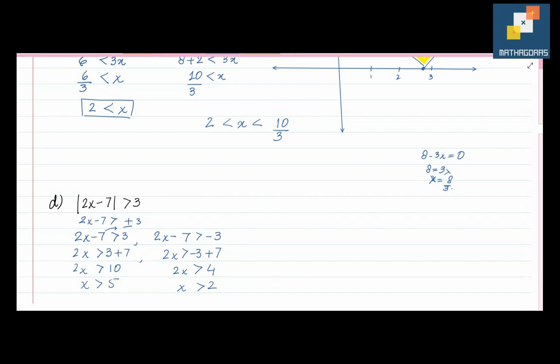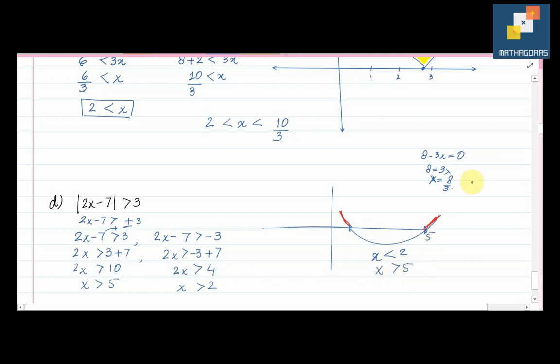Now it is greater than, right? So on a rough scale, if I say 2 and 5, I need to move in the outer regions. For this one the value of x should be lesser than 2, and for this value 5, the value of x should be greater than 5.